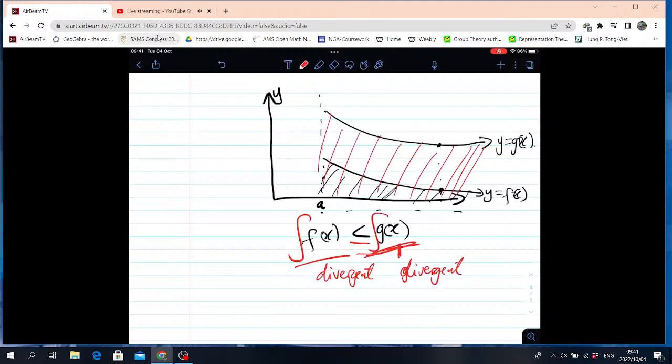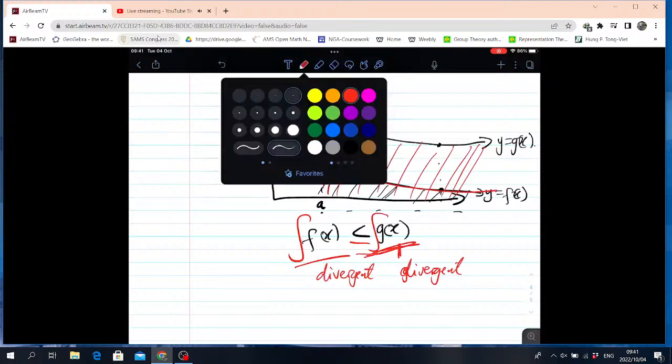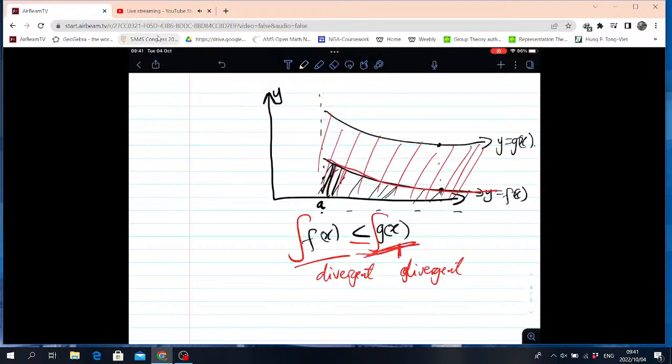So that is the idea here: if the area under here is giving us an integral that is going to be divergent, then even for g of x, it's also going to be divergent.